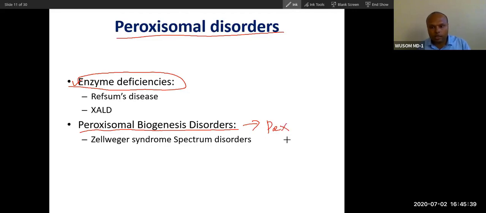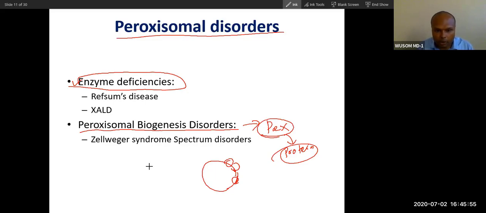These genes synthesize proteins responsible for assembly of the peroxisome. If these genes are absent or the protein is defective, peroxisomal assembly will not happen, and there will be a generalized defect of metabolism related to peroxisome. So these are called peroxisomal biogenesis disorders.